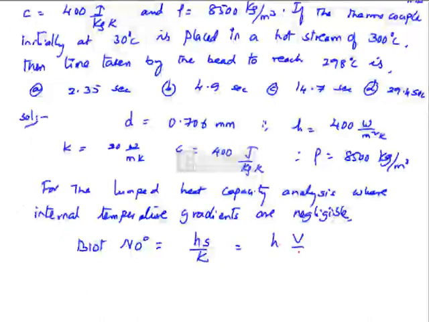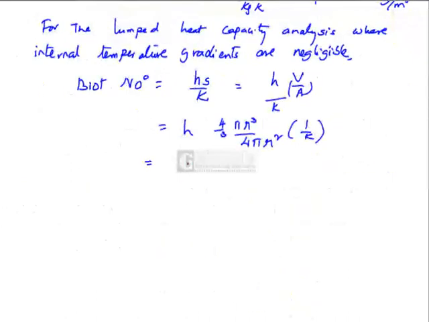H into V by A divided by K, where V is the volume and A is the surface area. H into what is the volume? 4/3 pi r cube divided by 4 pi r square into 1 by K. It results in H into r cube by r square.